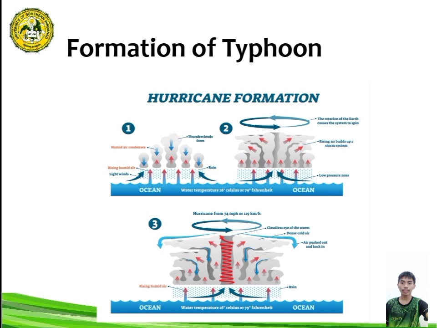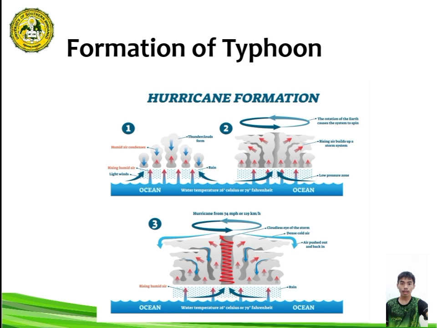So when this moist surface air rises, it condenses to form clouds. Condensation releases latent heat, extracted from the ocean, into the surrounding air, which in turn warms the air and provides buoyancy for its upward flight.